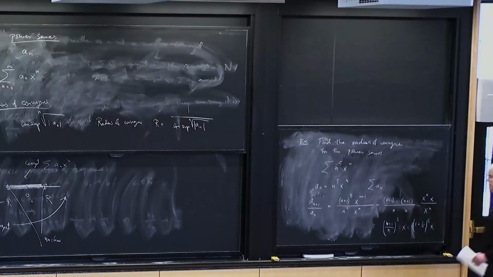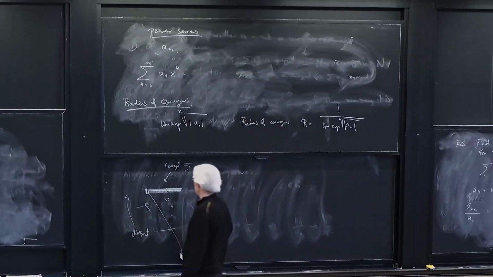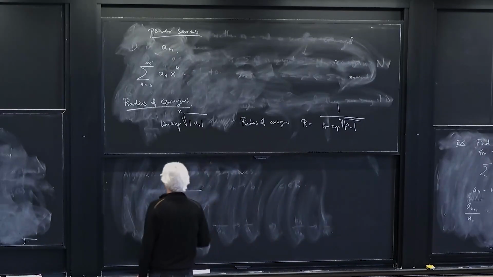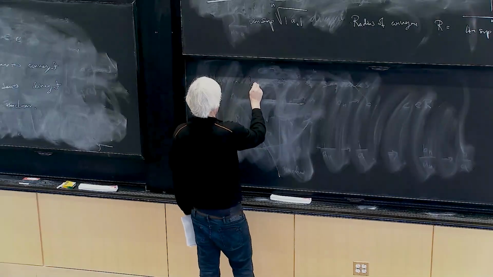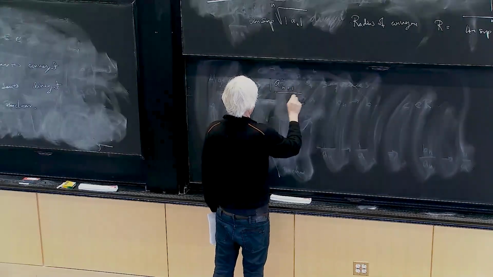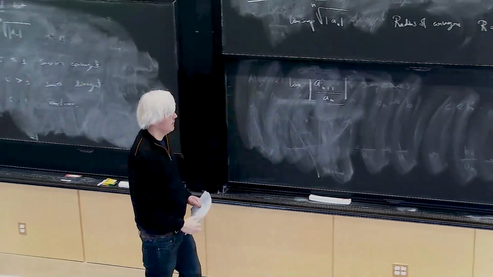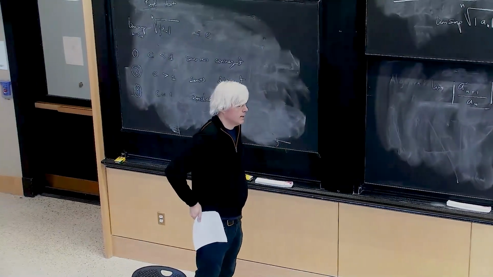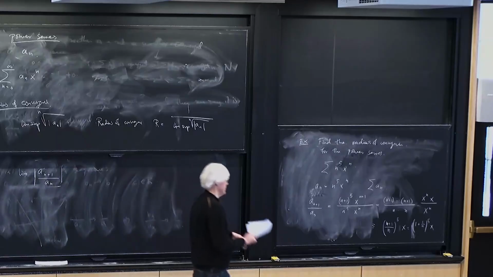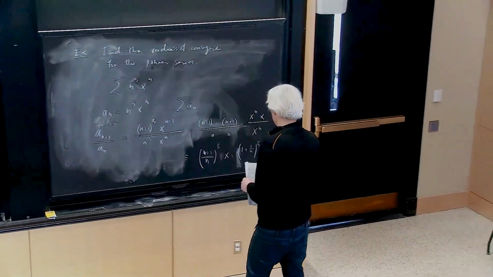Now the test is asking whether the limit of the absolute value of a_(n+1) over a_n has a limit, and if that limit is less than 1, then the series is convergent, and if it's bigger than 1, it's divergent.